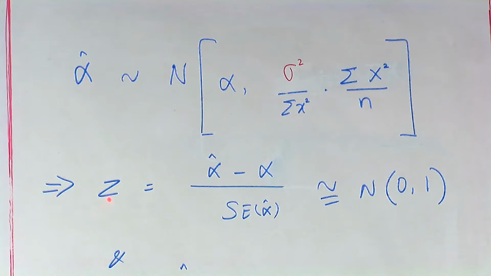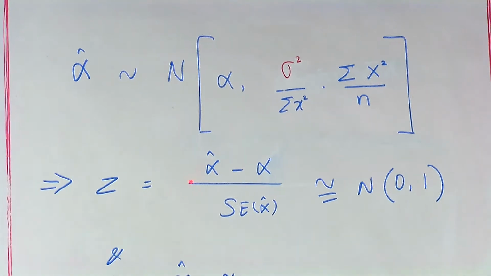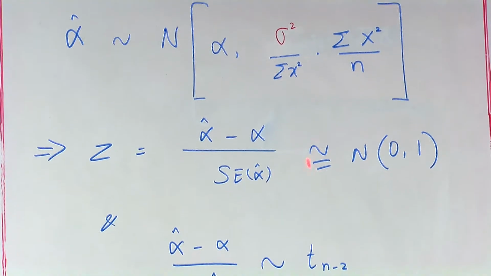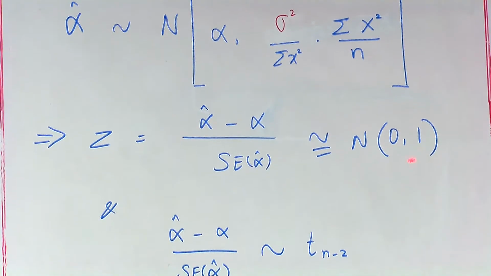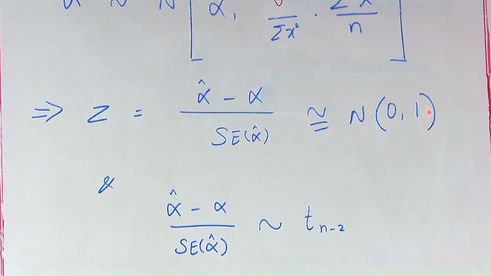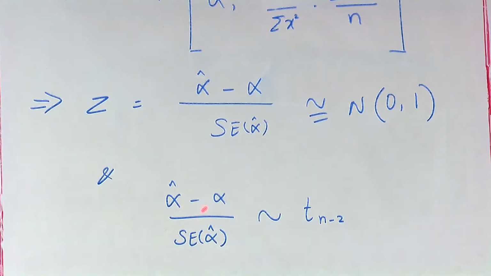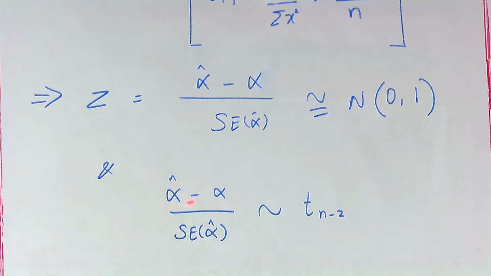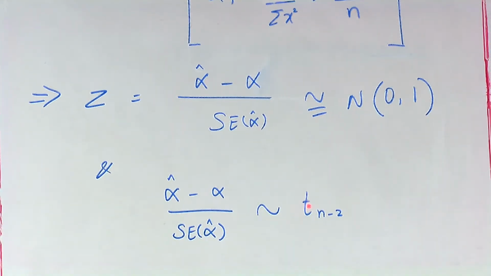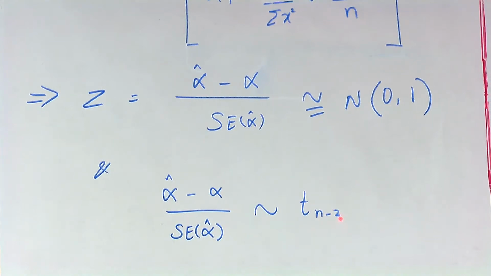And also, for the large sample, z is equal to alpha hat minus alpha divided by standard error of alpha hat, which follows a standard normal distribution, that is 0 mean and 1 variance. And also, alpha hat minus alpha divided by standard error of alpha hat follows t distribution with n minus 2 degrees of freedom when the sample is small.